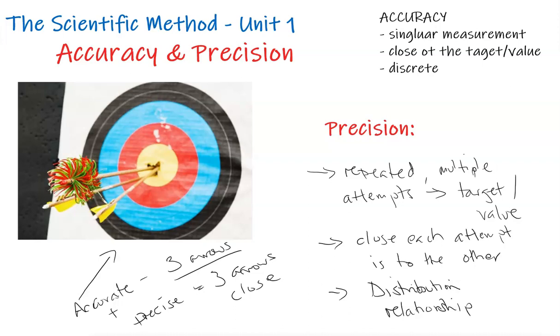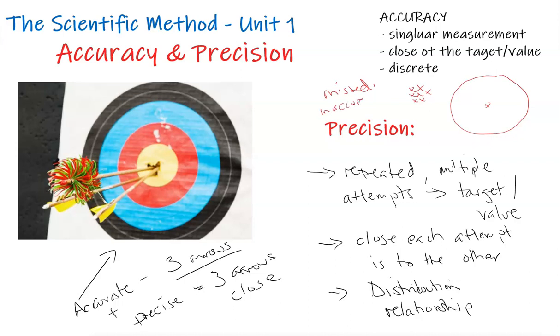However, if I had the same archery target right here, and here would be my objective and target and value right in the center, I could actually shoot my arrows, and they could all be right here. So I would miss the target, so these all missed. In terms of accuracy, it wouldn't be counted. They are inaccurate.